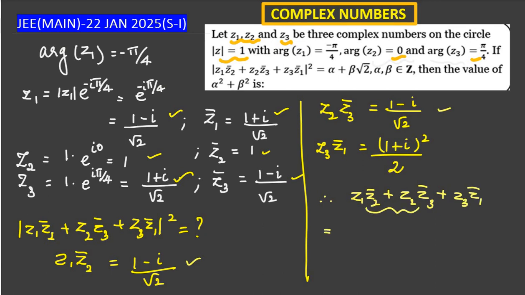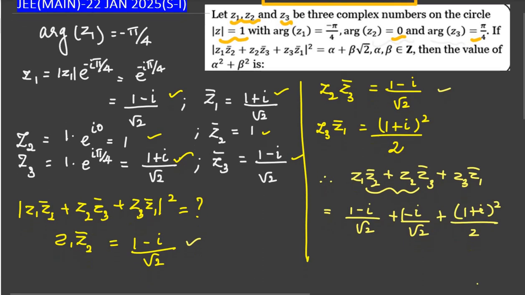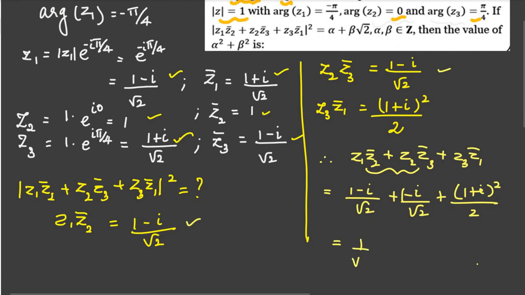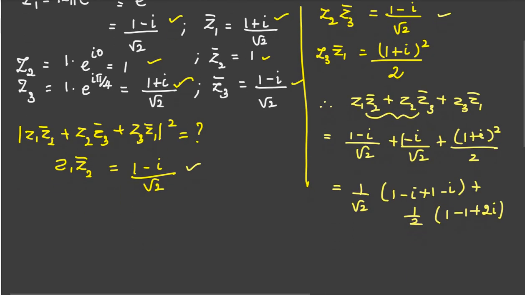Adding the three numbers, we get 1 minus iota divided by root 2 plus 1 minus iota divided by root 2 plus 1 plus iota the whole square divided by 2. Now this is equal to 1 by root 2 into 1 minus iota plus 1 minus iota, plus 1 by 2 into 1 plus iota square, which is minus 1 plus 2 iota, which is equal to 1 by root 2 into 2 minus 2 iota plus 1 by 2 into 2i.